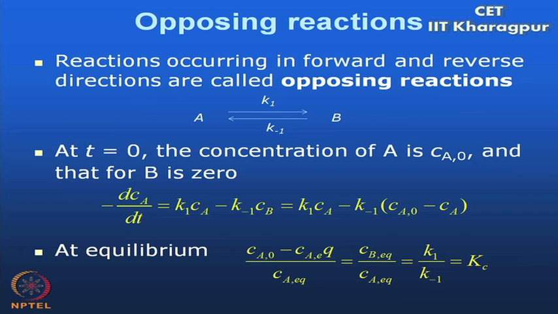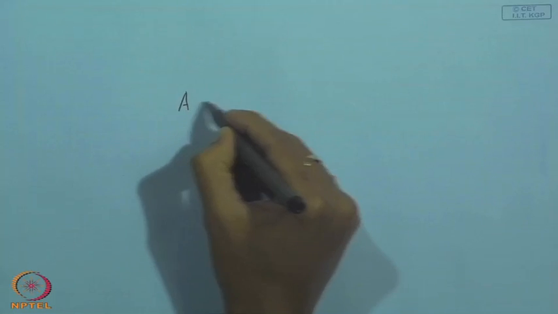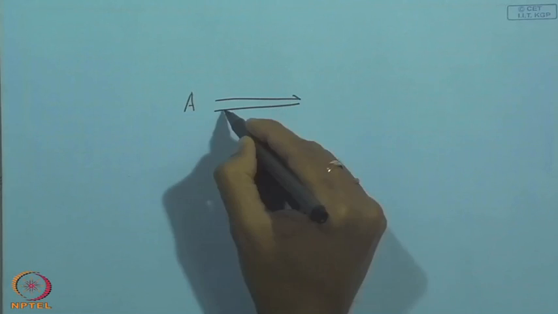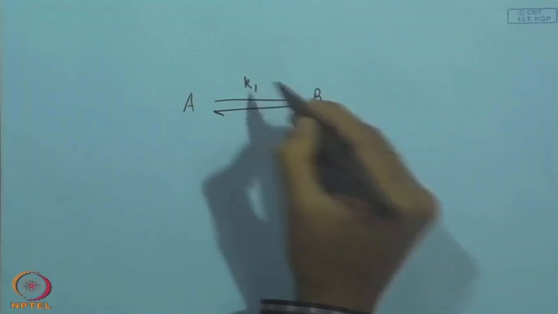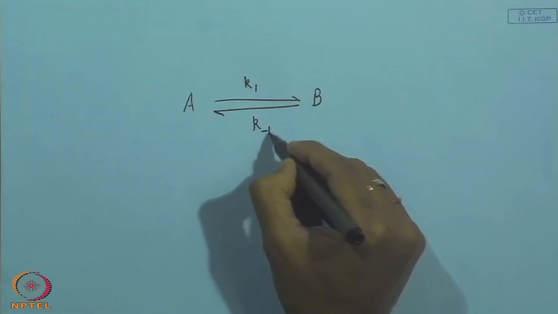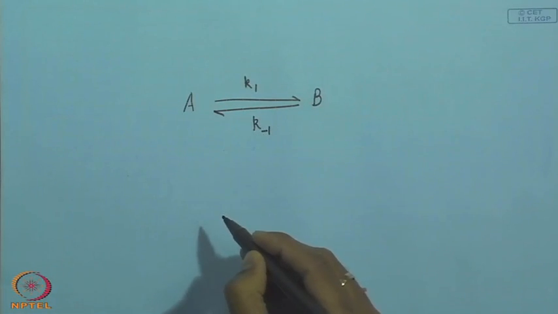reaction. You see A to B, so the forward rate constant is K1, the reverse rate constant is K minus 1. Okay?